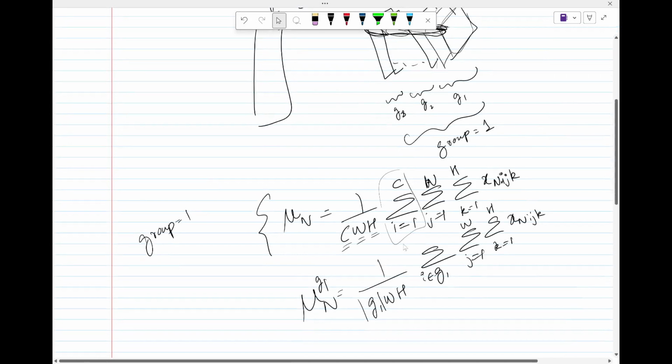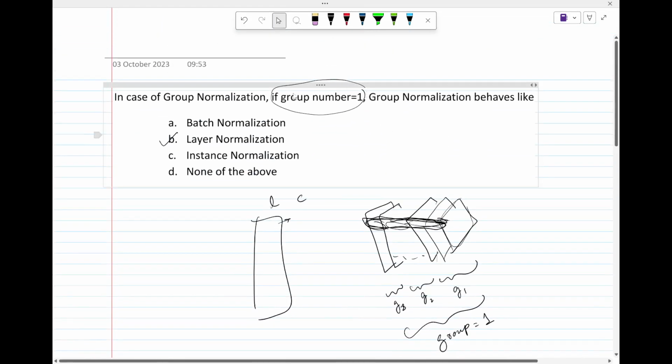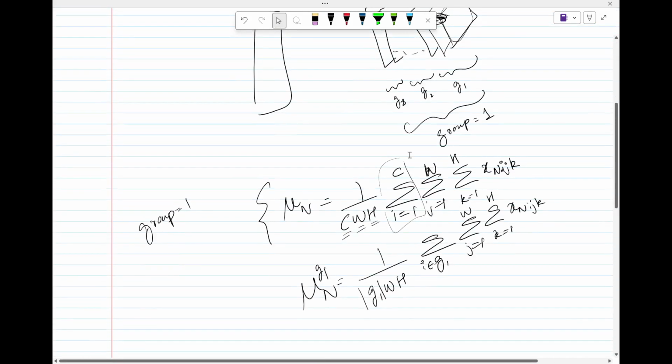So here what we had to observe was, what is given is group number is equal to 1. That is, there is only one group. There are not many groups. So all channels are included in that group.